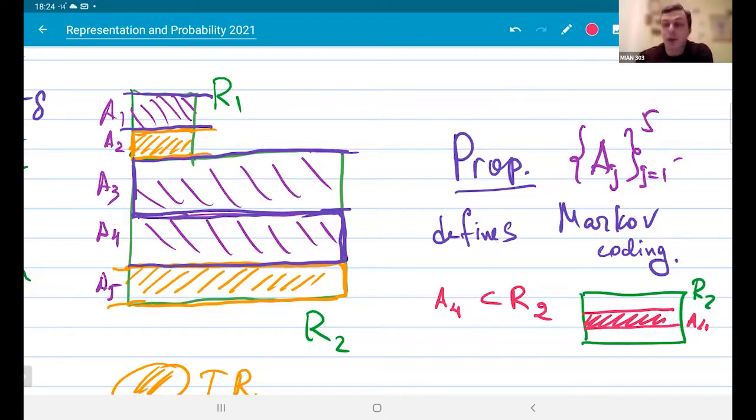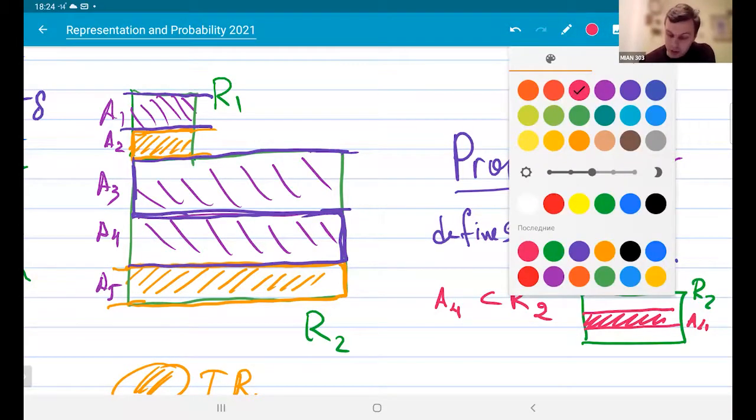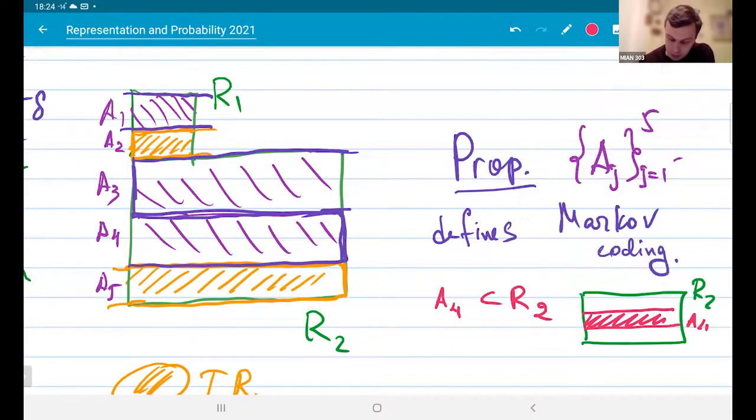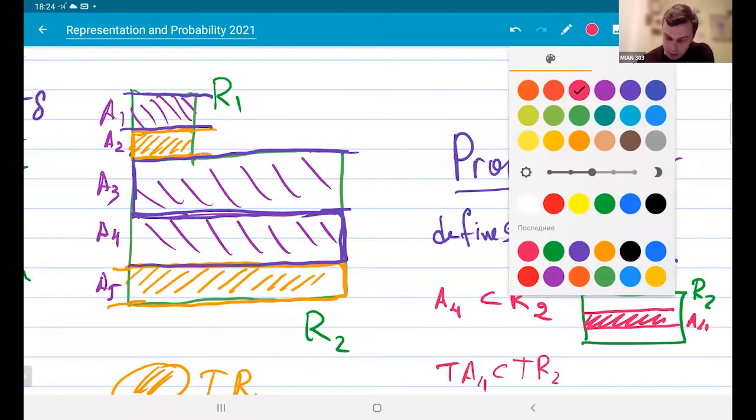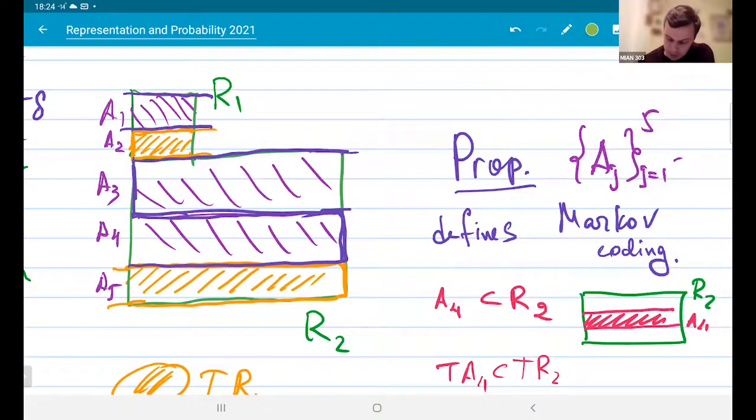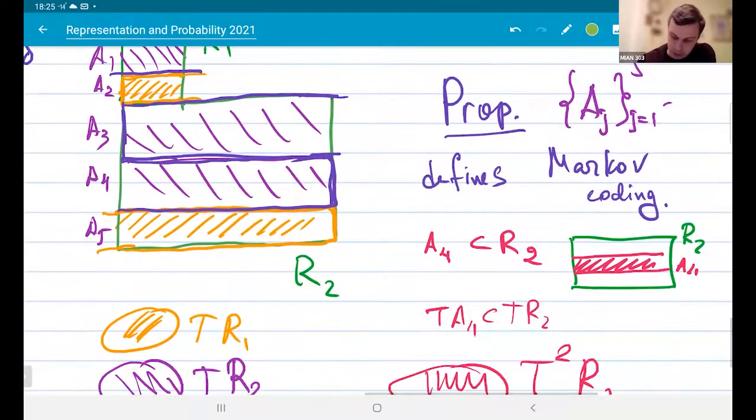And therefore, for images, we have the same picture. For the images, TA4 lies inside TR2.